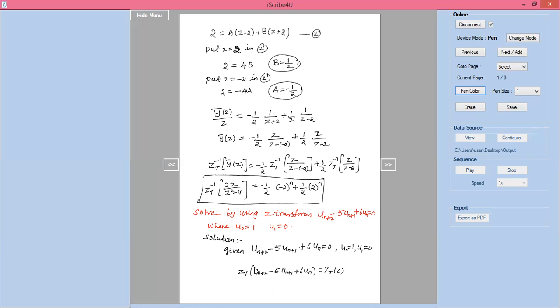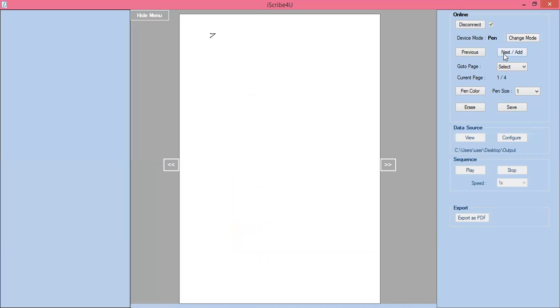If you apply Z transform on both sides, you will get Z transform of u n plus 2 minus 5 into Z transform of u n plus 1 plus 6 into Z transform of u n equal to Z transform of 0, which is 0. How do you write u n plus 2?